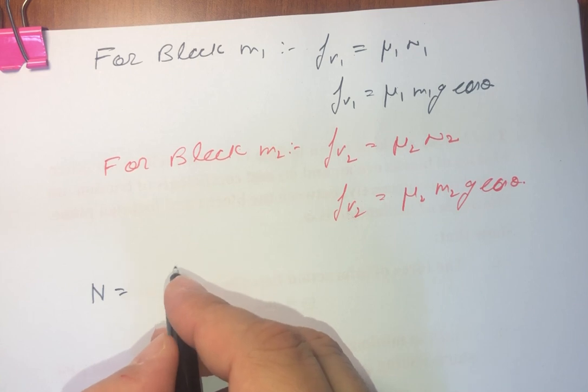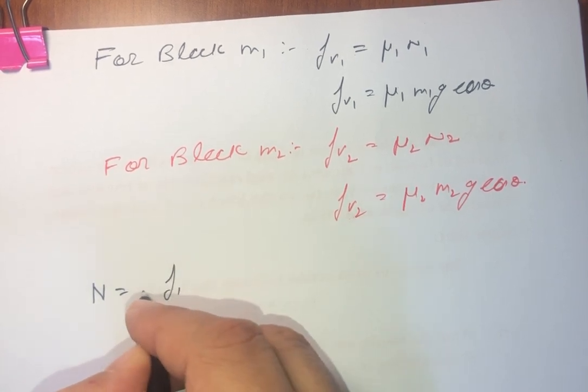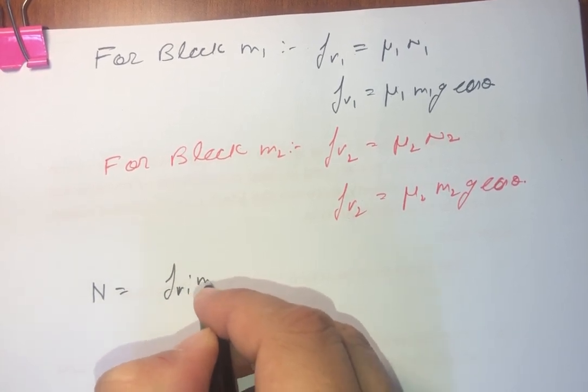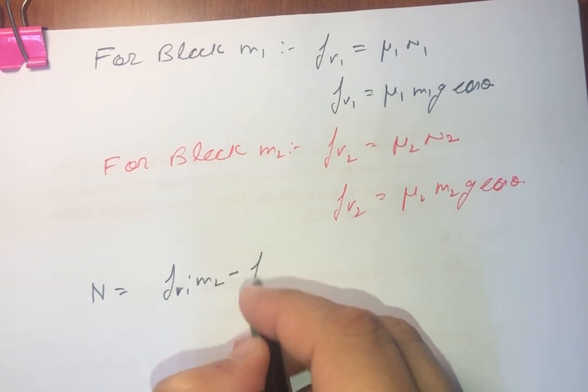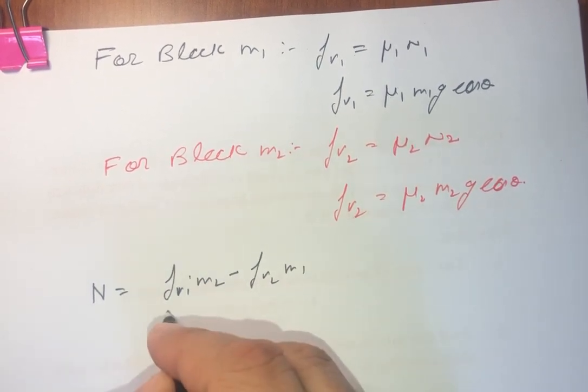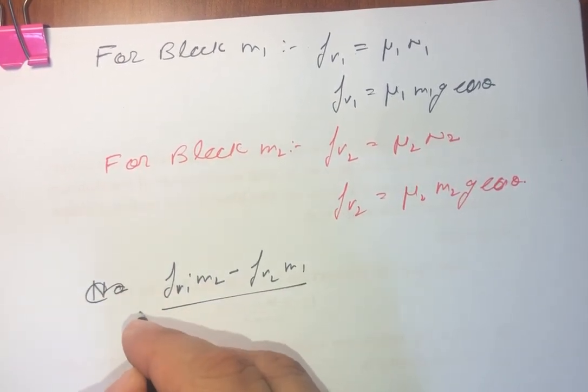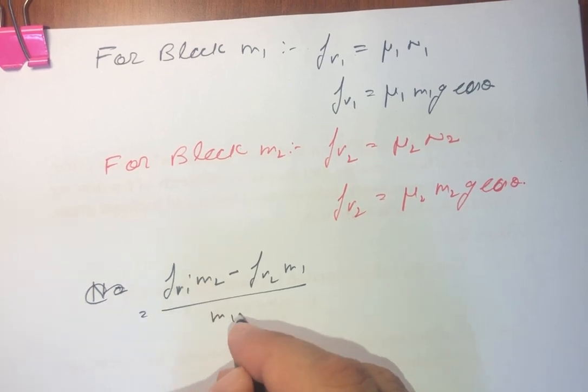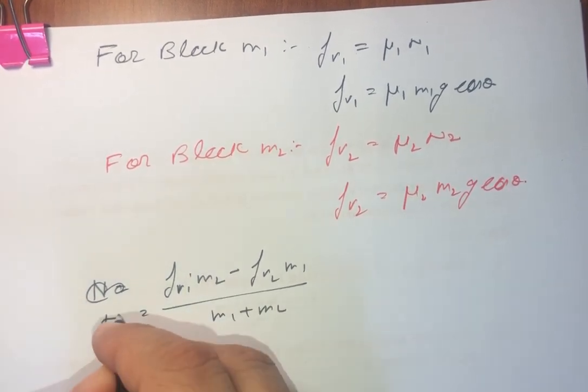The equation was n equals (fr1 m2 minus fr2 m1) divided by (m1 plus m2).